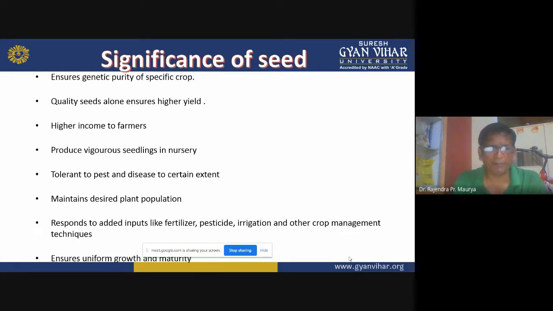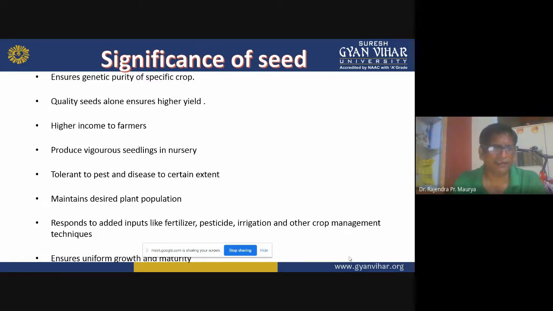Maintains desired plant population. If we have good quality seeds, the right variety, then during sowing we will get a good germination percentage. For example, in a particular variety, if we are getting 90% germination, then we can get a good plant population.